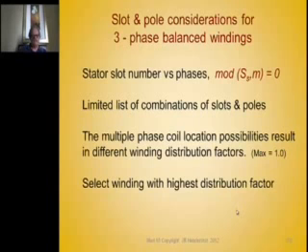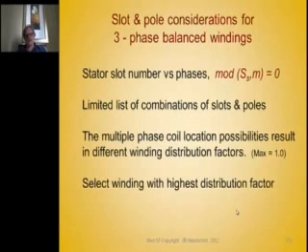First of all, the number of stator slots must be divisible evenly by the number of phases with no remainder. That's absolutely essential. And as we said, there's a limited list of slot and pole combinations. I'm going to provide you with a list.